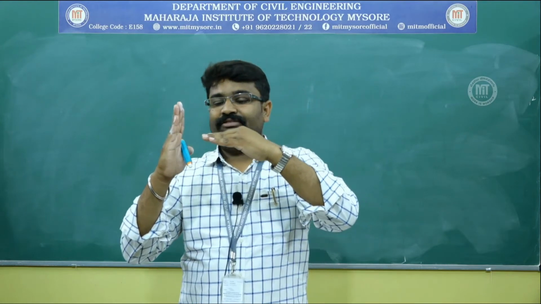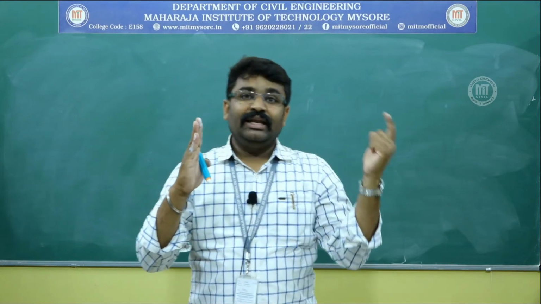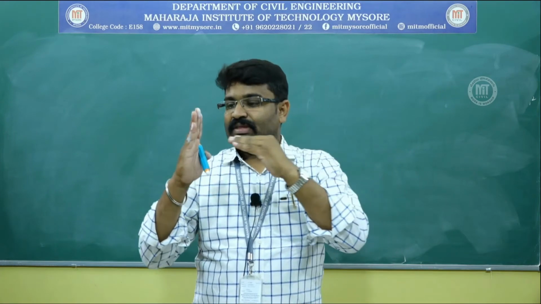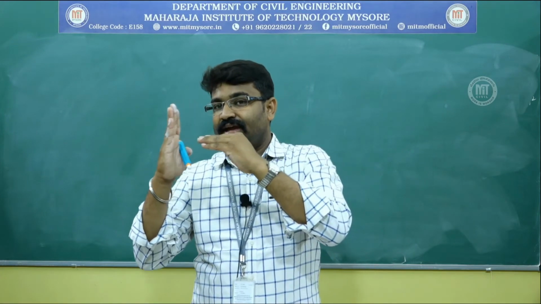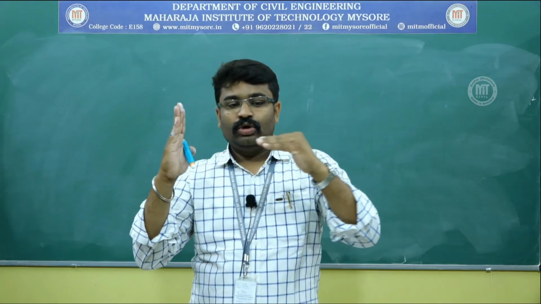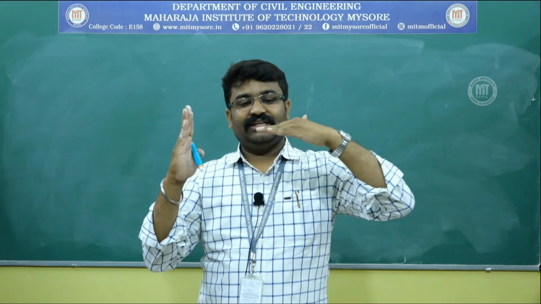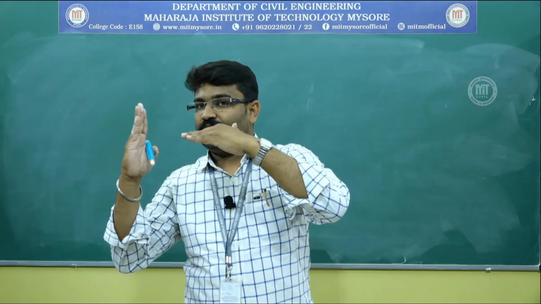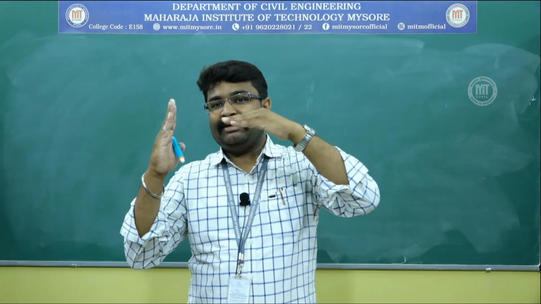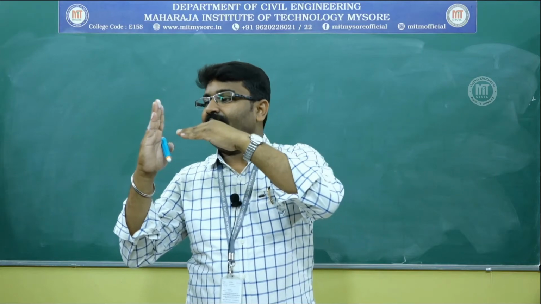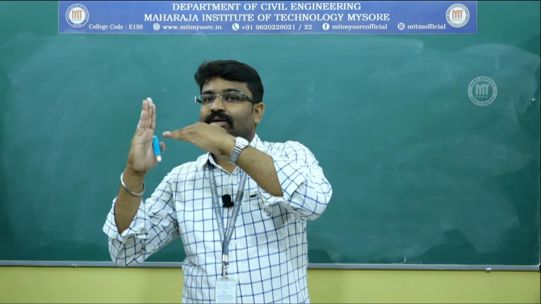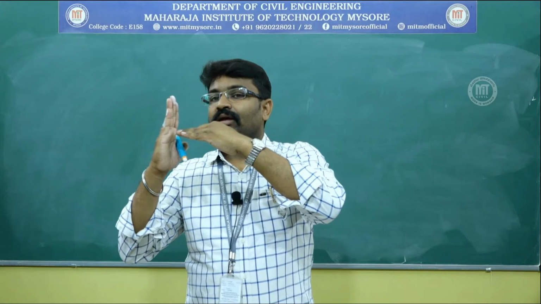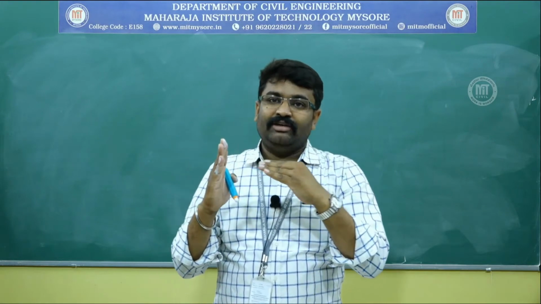Let us assume the velocity with which the jet leaves the nozzle is v and the velocity with which the vane moves is u. So, the jet is moving with velocity v, the vane is moving with velocity u. So, the same velocity cannot be maintained until the vane is met. It will automatically reduce.